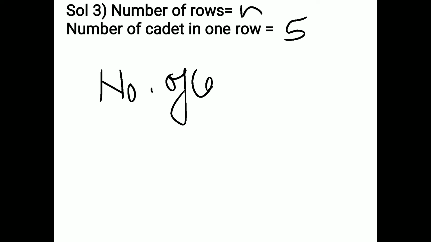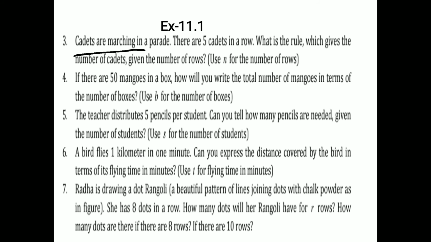Because if in one row there are 5 cadets, 5 ones are 5. In 2 rows there will be 10. So in n rows there should be 5n. Clear?